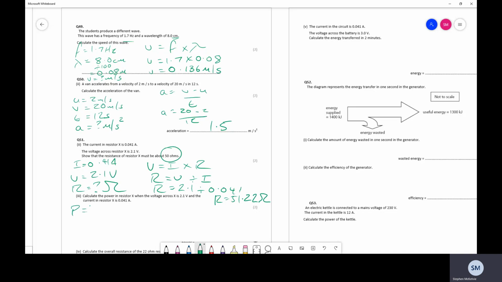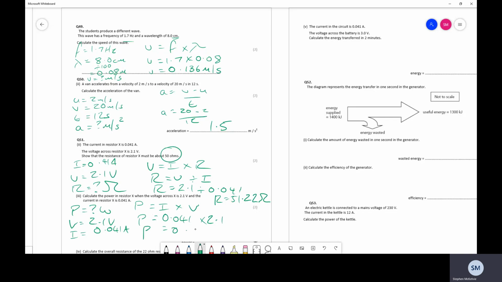Calculate the power in resistor X. Power, and I don't know how many watts. When the voltage across X is 2.1 volts and the current in the resistor is 0.041 amps. P is equal to I times V. P is equal to 0.041 times 2.1 equals, oh, sorry, I jumped ahead there, didn't I? 0.041 times 2.1.